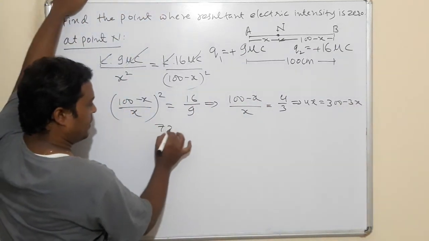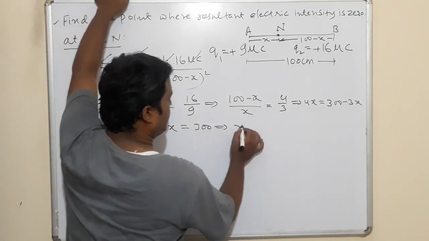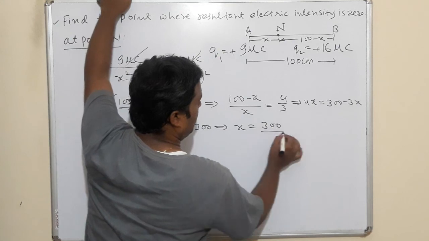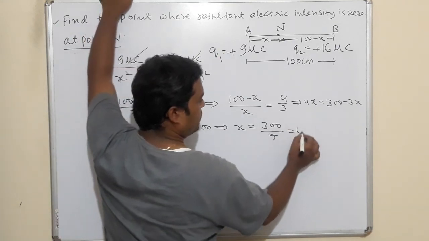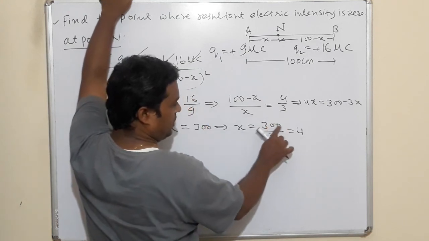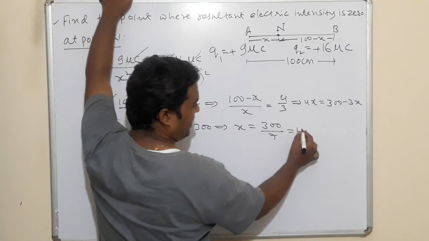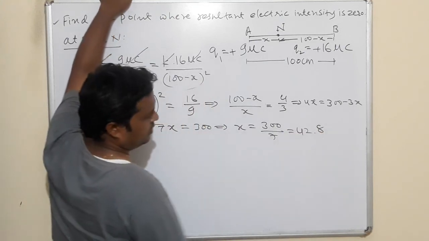Then it will be 7x is equal to 300, which implies x is equal to 300 by 7. 7 4s are 28, 20 remains, 7 2s are 14, then 60 remains, it will happen like this.